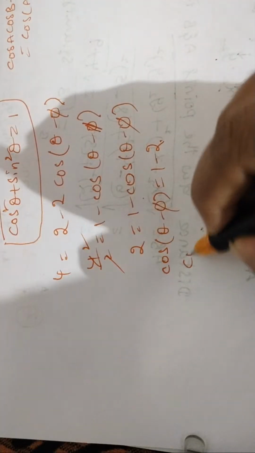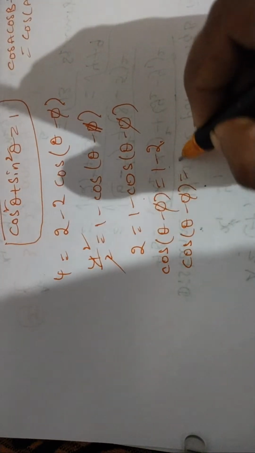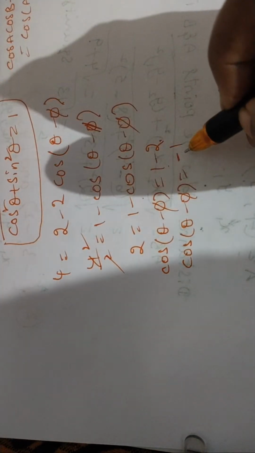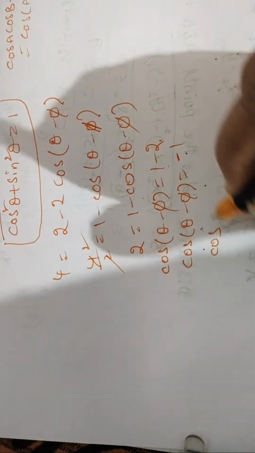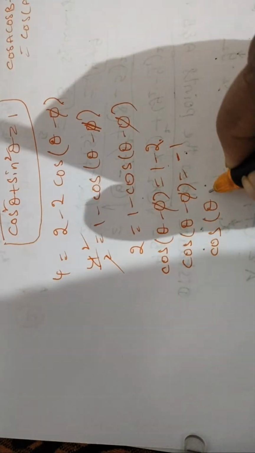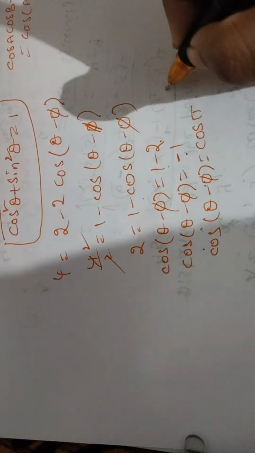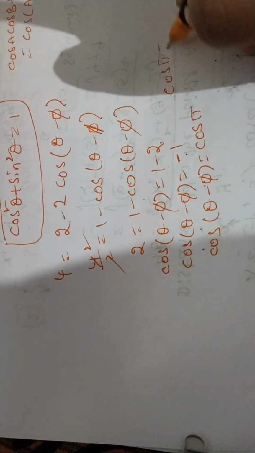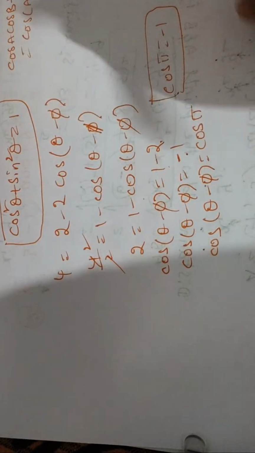Now what is the value of 1 minus 2? Minus 1. And where do we get minus 1 in the cos function? At what angle is it minus 1? Cos pi. Cos pi value is minus 1. That's why I wrote minus 1 as cos pi.